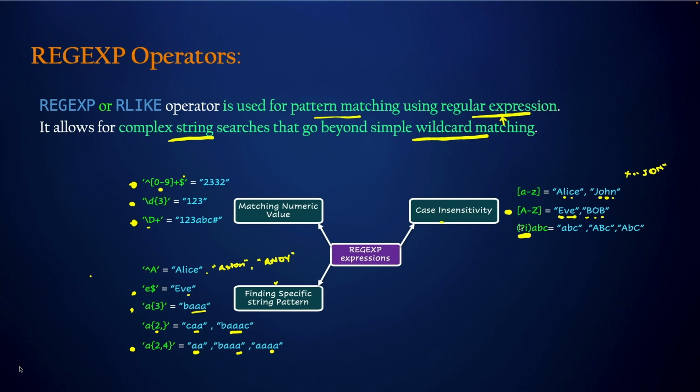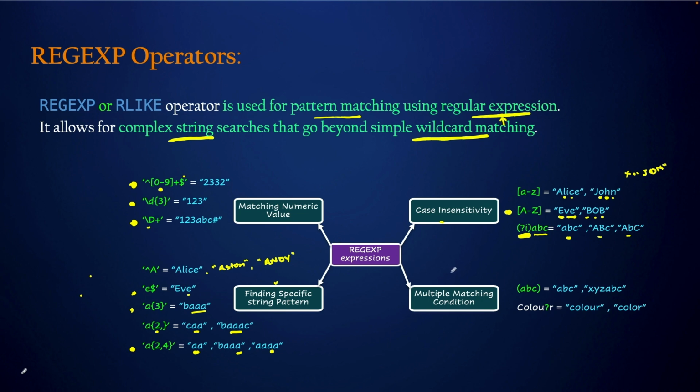That means you will have case insensitivity for this particular group of characters. That means ABC can have characters in any case, either uppercase or lowercase. So these are the possible combinations, and you can have more combinations too.